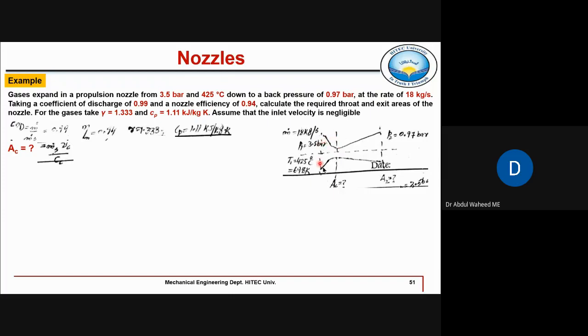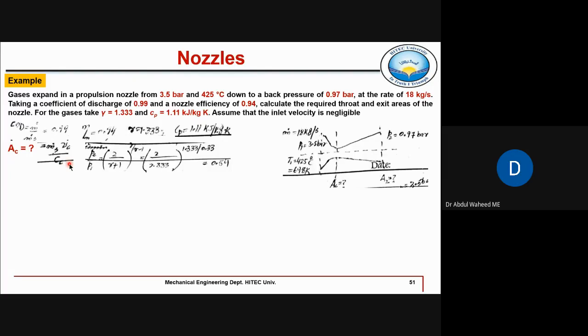For the convergent section, we can neglect any losses. So for the convergent portion, from inlet till throat, efficiency is 1 and coefficient of discharge is also 1 if we neglect the frictional effects. That's why it is m dot s, the maximum possible flow rate, times vC over CC.